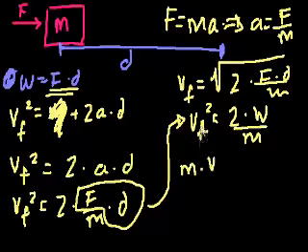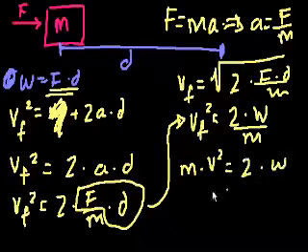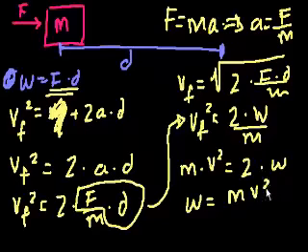We don't have to write the f because we know that we started at rest and the velocity is going to be, let's just call it v. So m times v squared is equal to 2 times the work, or let's divide both sides by 2, so the work is equal to m v squared over 2. And of course the unit here is joules.